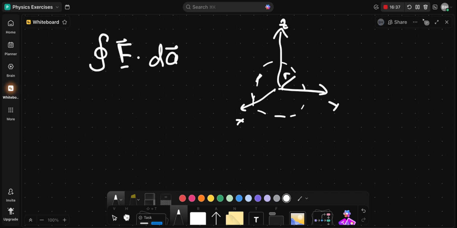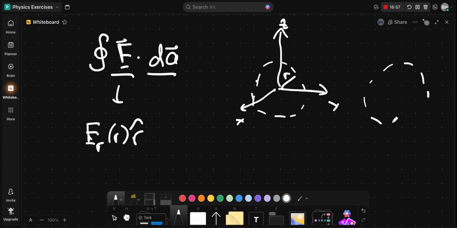Okay, so if I have my Gaussian surface, sorry, that's supposed to be a sphere, and the sphere has radius r, and we established that this vector only has a radial component. Okay, so we can write it using a radial unit vector, but we can easily argue that this vector also only has a radial component. Sorry again, my drawing might not be very good.